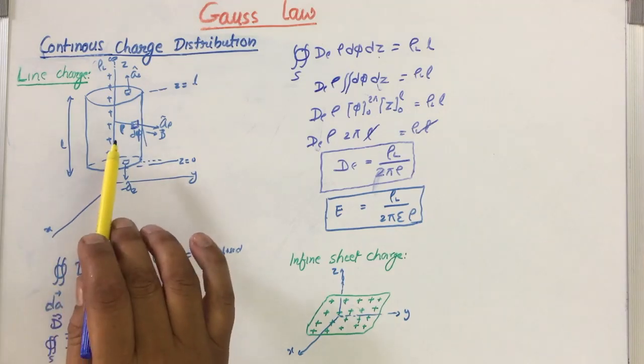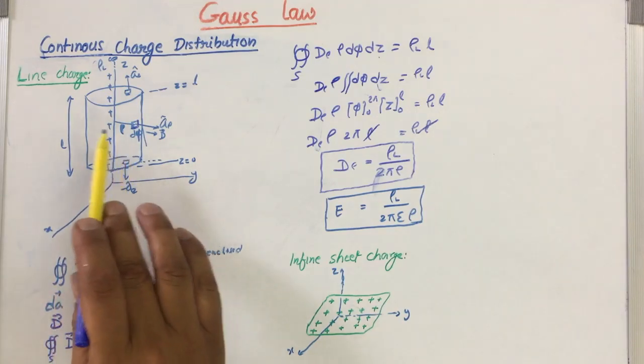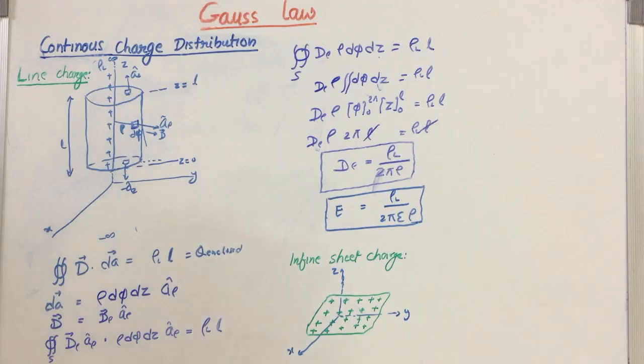In the case of line charge, the cylindrical Gaussian surface was applicable, and in this case, we find that a cuboid type Gaussian surface can be applicable. So draw a cuboid in the middle, forming like that.